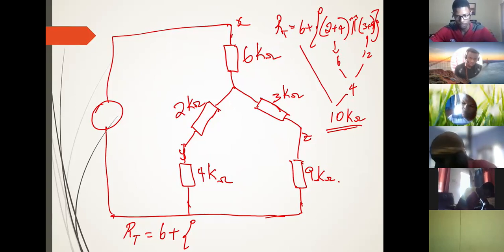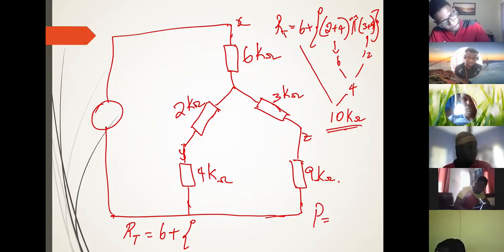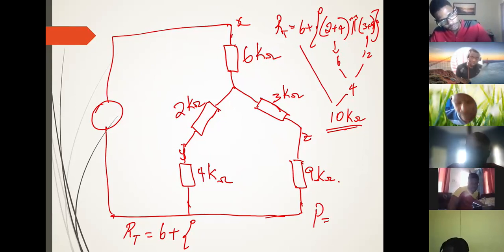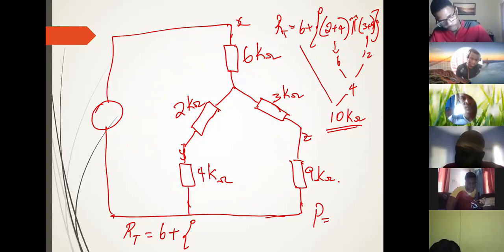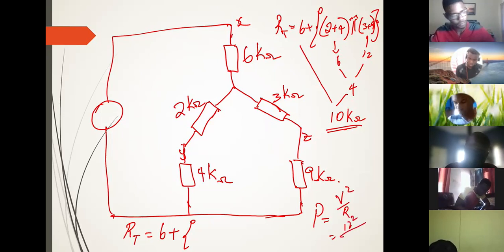All right. So what's the power supplied? P equals. What information do we have? We have the voltage and the resistance. So P is given by V squared over R. So that will be 12 squared over 10K.